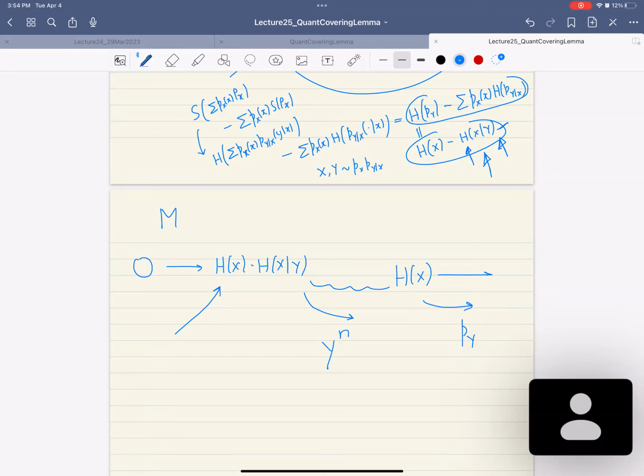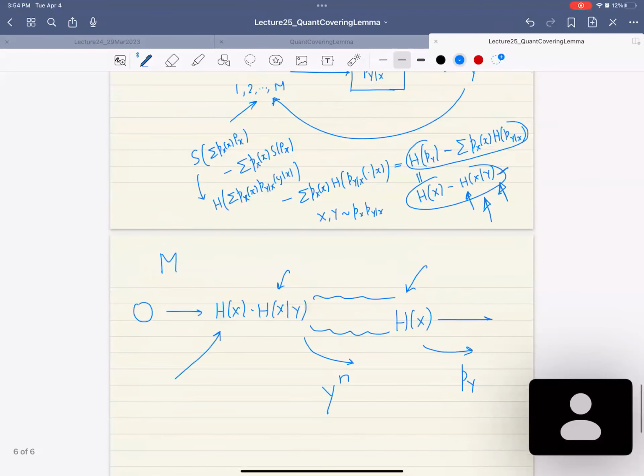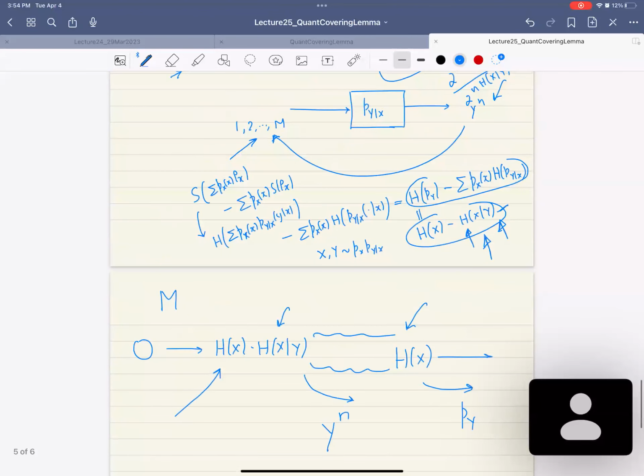And what we will end up showing is, we will fill this gap. So is it here or is it here? We will come to that at the end of the covering lemma. You can take your guess now, and I will prove the statement. I'll show the statement again. This is what we will show. This red quantity is definitely less than or equal to H(X).